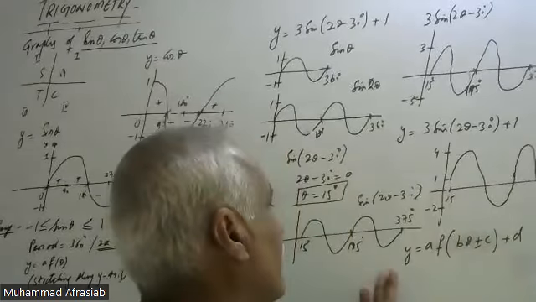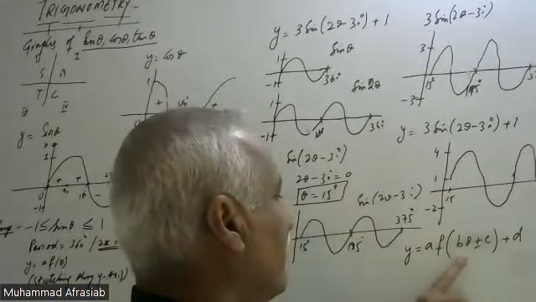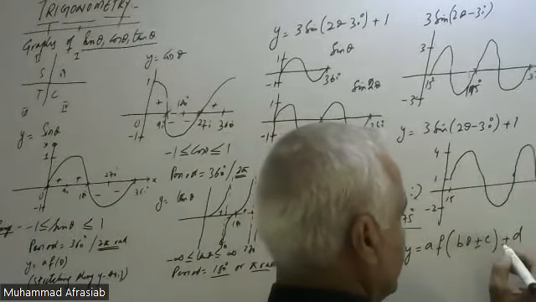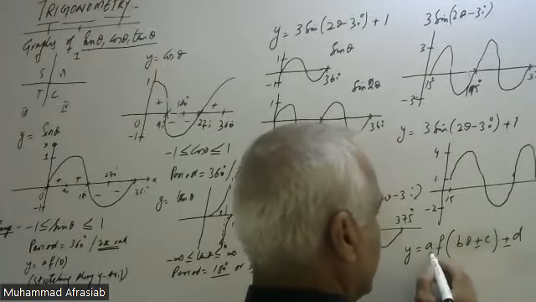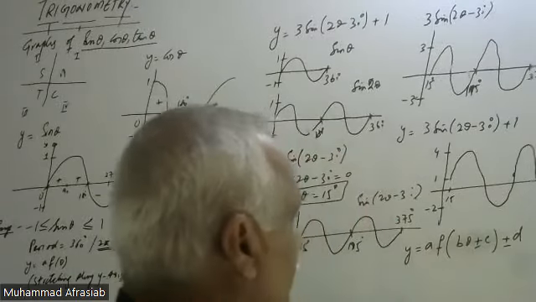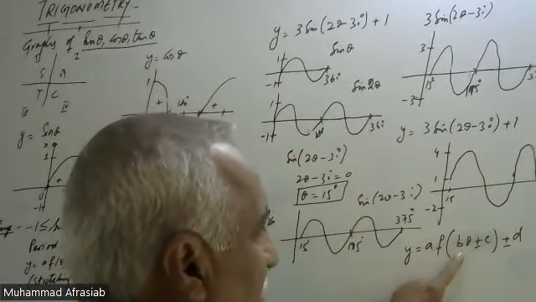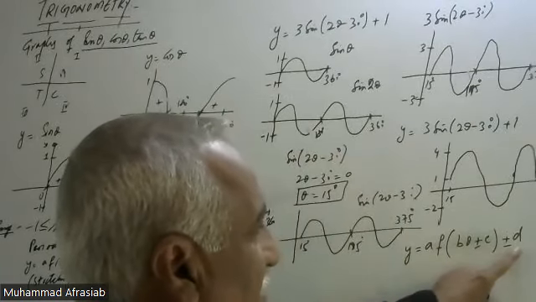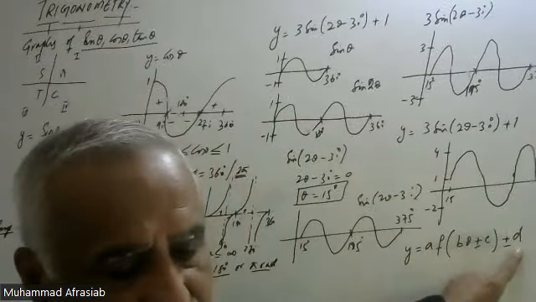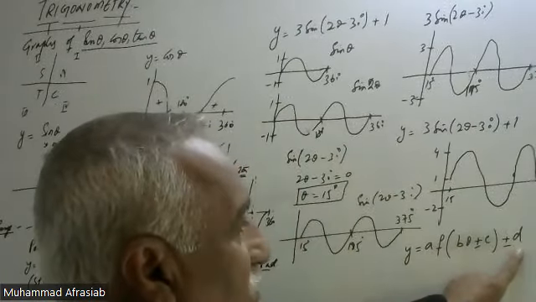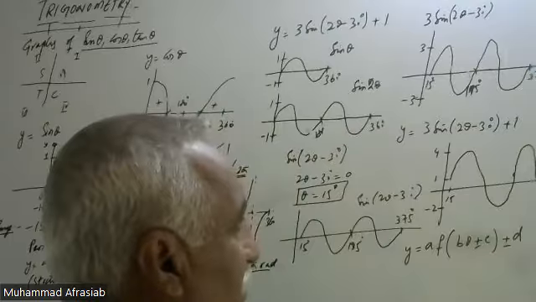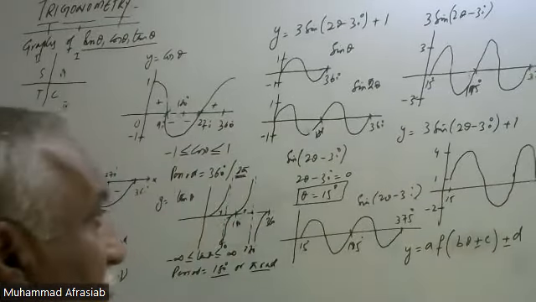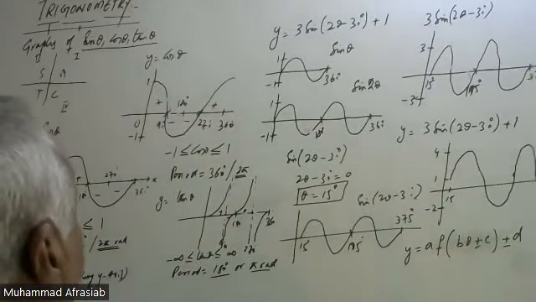This is the final graph of y is equal to a f of b theta plus minus c plus minus d. So a is going to show the amplitude. b is going to show the period. c is going to show left or right translation, and this d shows plus minus upward or downward translation for the graphs of this whole function, which is the combination of all properties of this function of the trigonometry there.